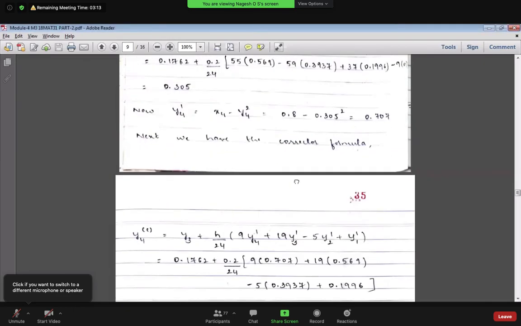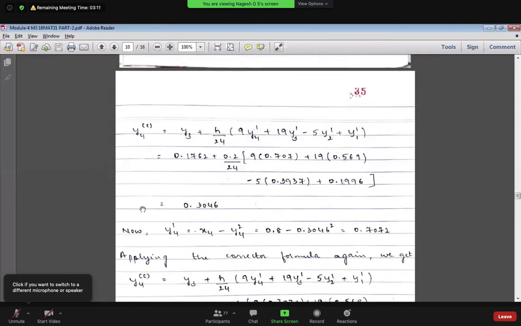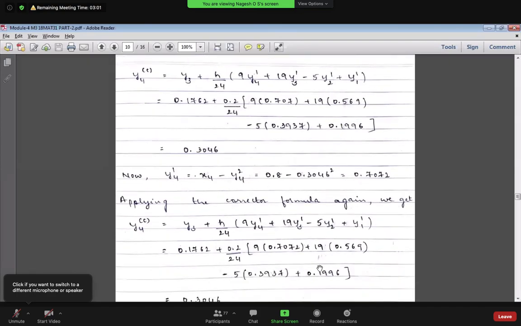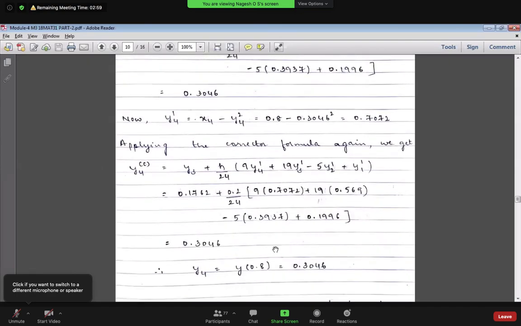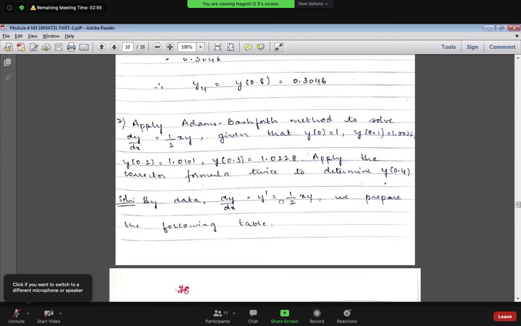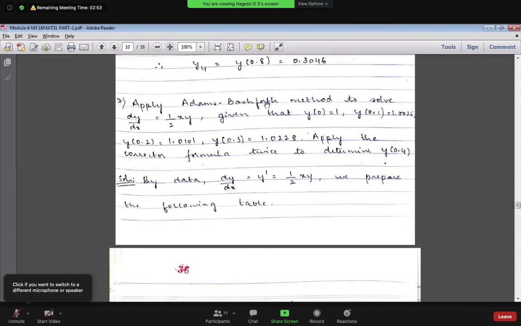Calculate that, substitute here, find out, you will get y4 of c. This is the first time. Twice we need to apply it. Write the formula again, find y4 dash again, substitute back, you will get 0.3046. Understood?